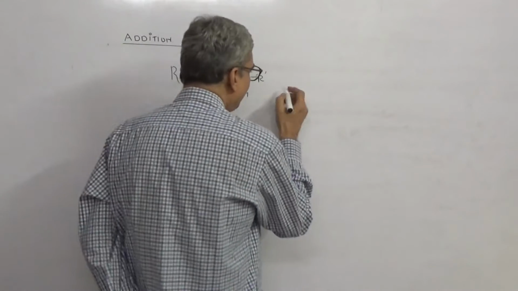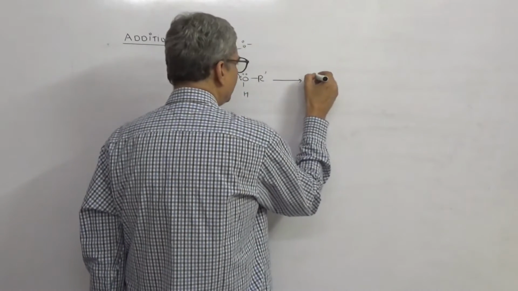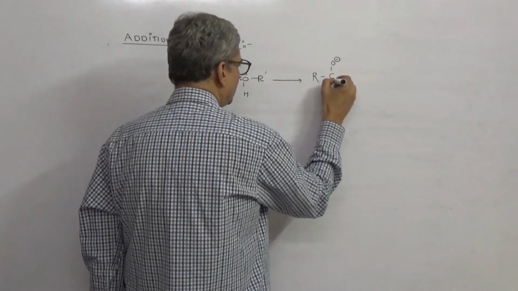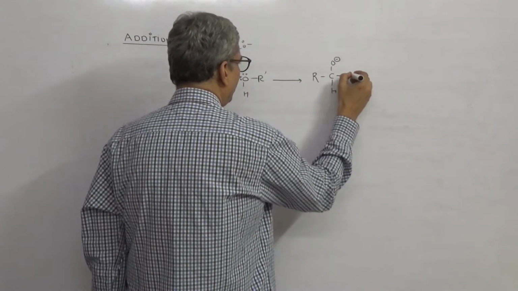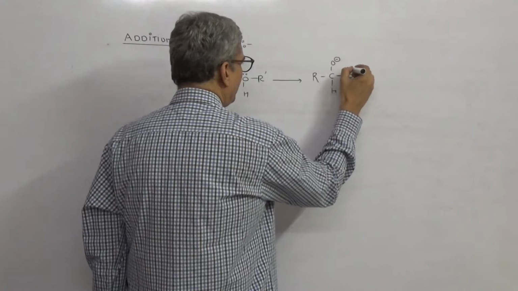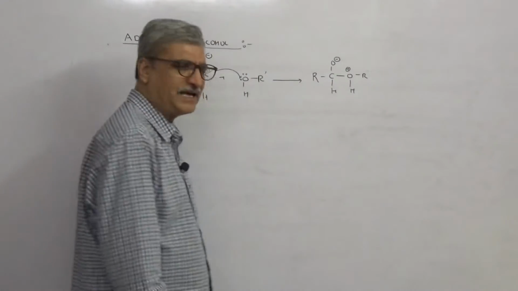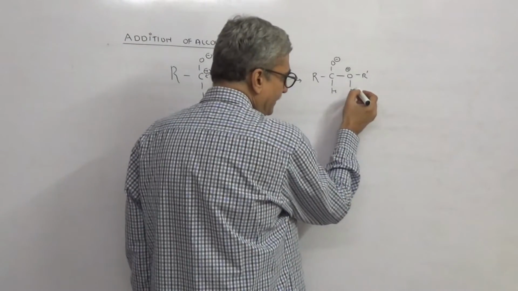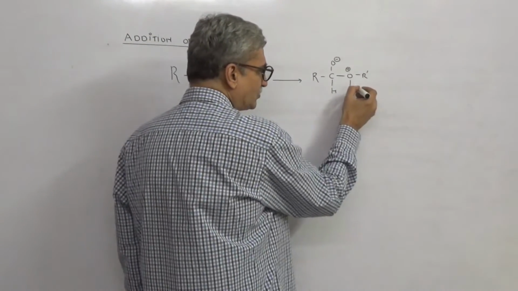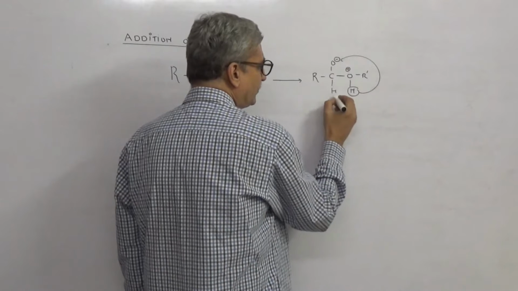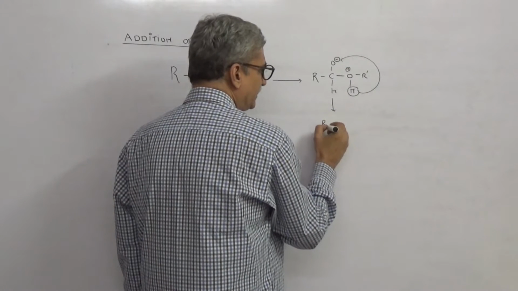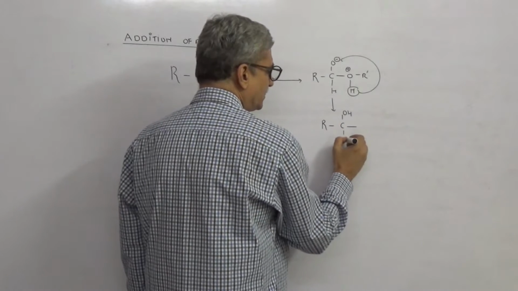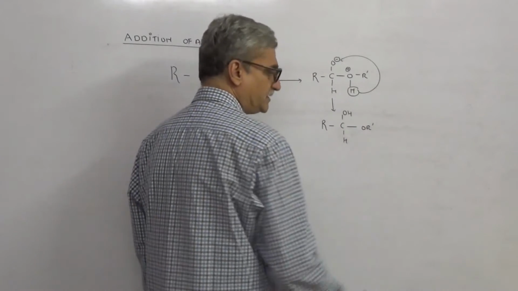We have R C O minus H, and OH plus R dash. The moment oxygen is positively charged, it is going to throw out H plus, and that will come over here. So you will get R C OH H O R dash.